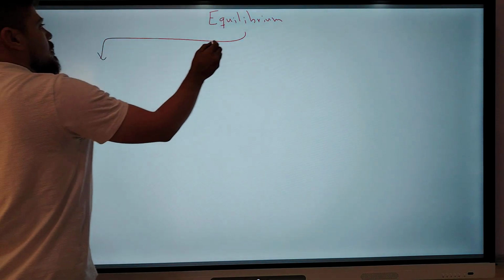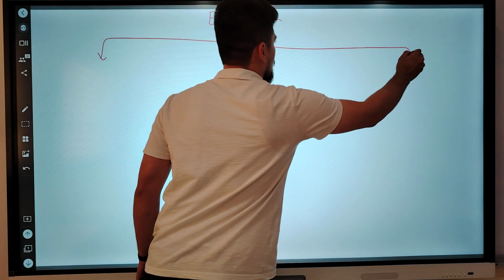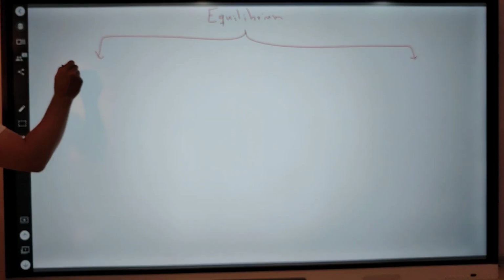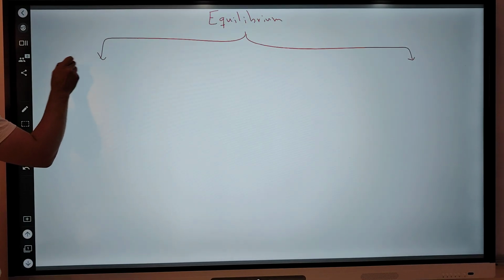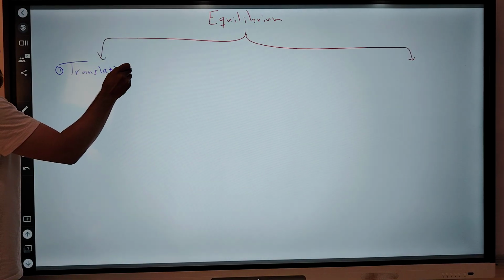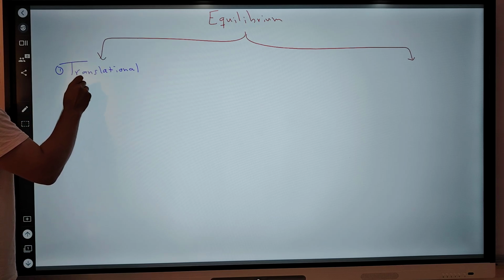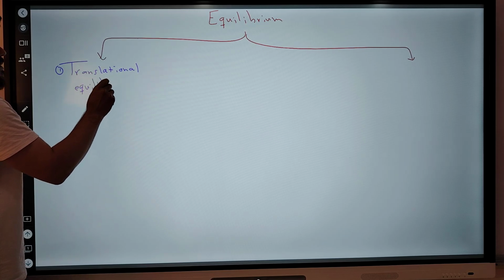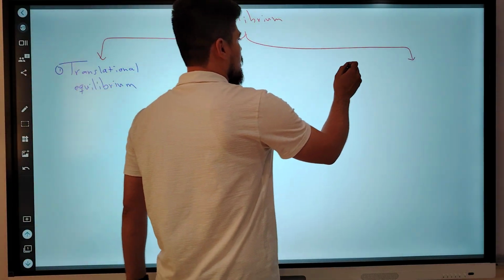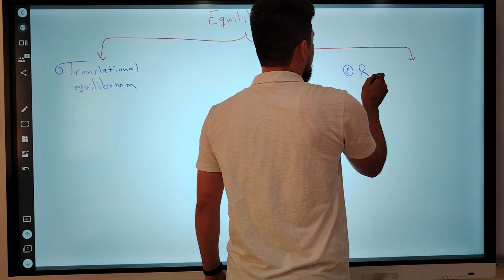How many conditions of equilibrium do we have? Two. Translational equilibrium, and the second condition is rotational equilibrium.